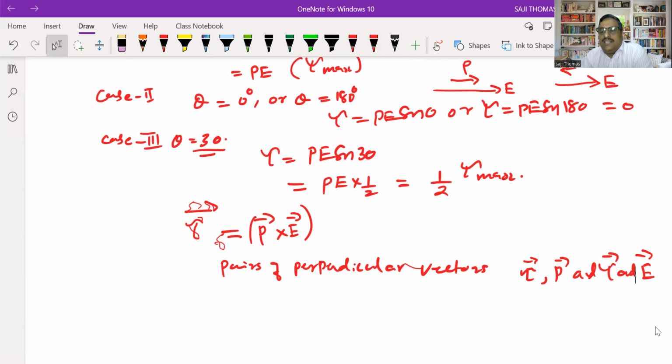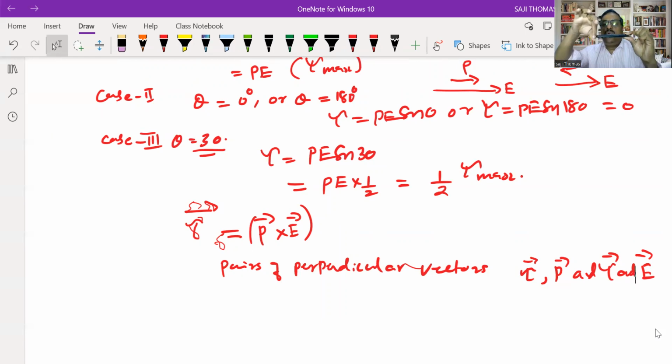So next we are going to find out the equation for the potential energy of a dipole in a uniform electric field. When a dipole is placed along the field direction, torque acting on it is zero.